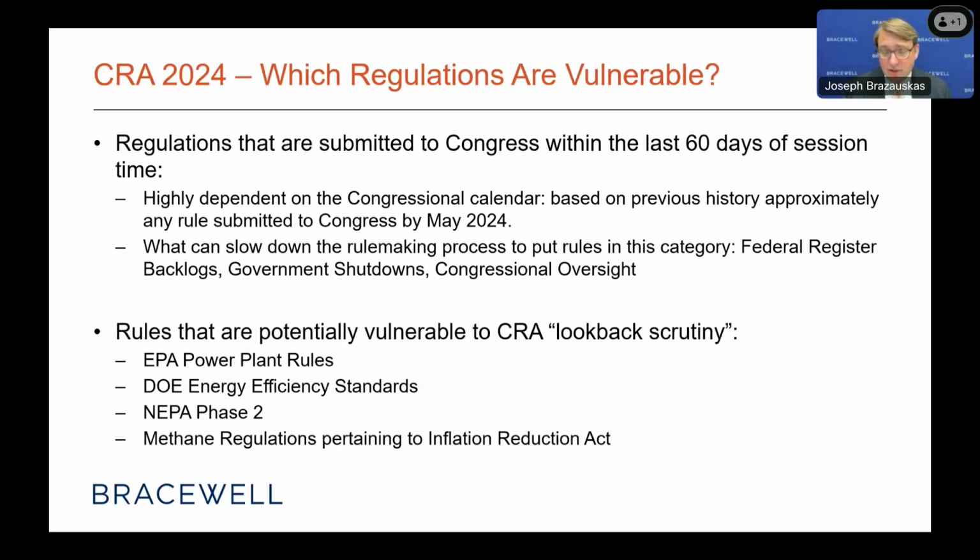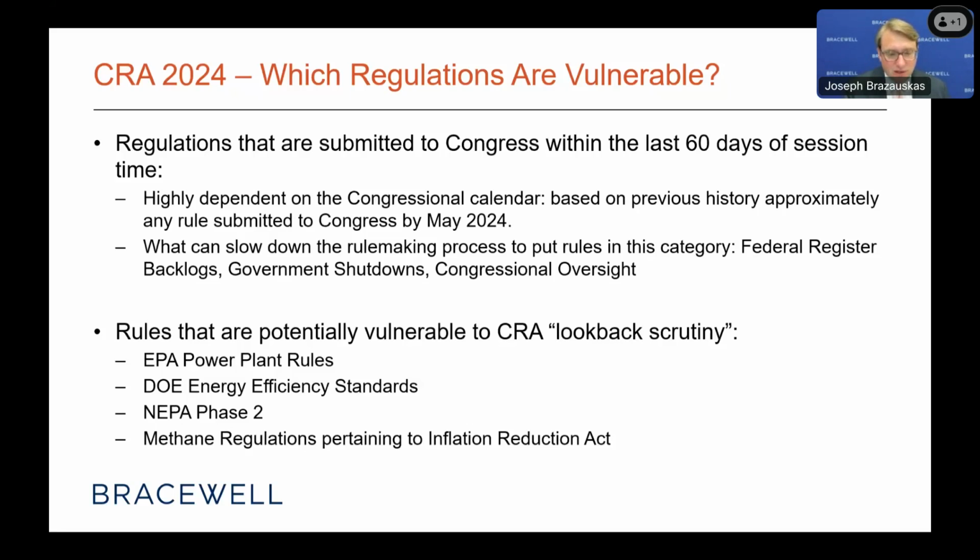Government shutdowns. We're all talking right now in September about a potential government shutdown starting at the end of this month, beginning of October. Now, if the government shuts down for a significant period of time, the federal agencies will likely see a significant amount of their workforce furloughed and unable to work on some of these key rulemakings.